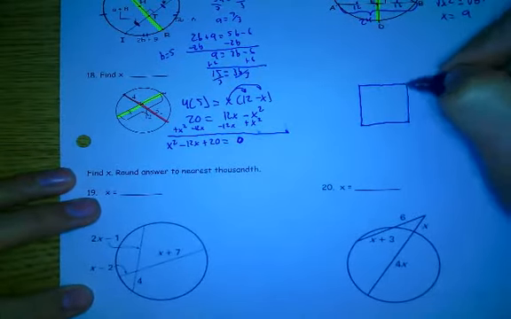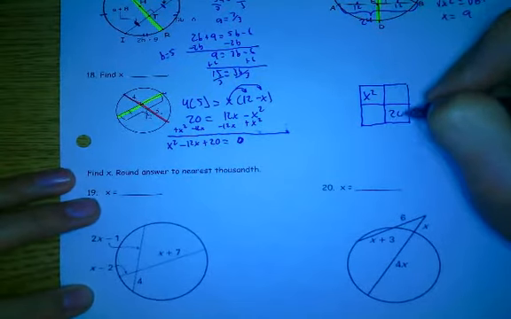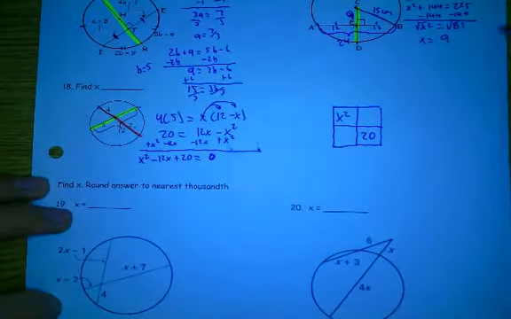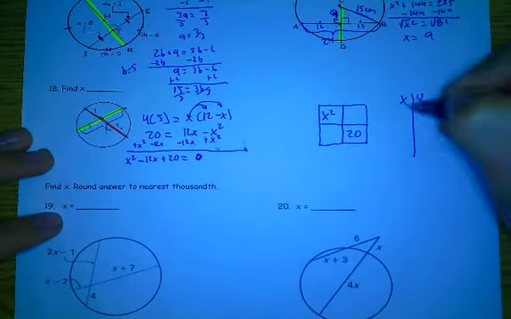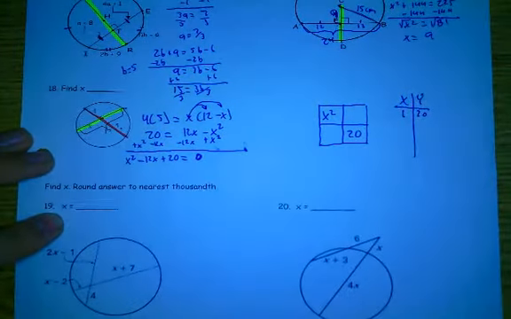I need it to multiply to be positive 20, but they need to add up to be negative. If these are both positive, 10 times 2 is 20, but they add up to positive 12. What if we make both of them negatives? A negative times a negative gives you a positive, and negative 2 plus a negative 10 gives you negative 12. Oh, that's going to be it.